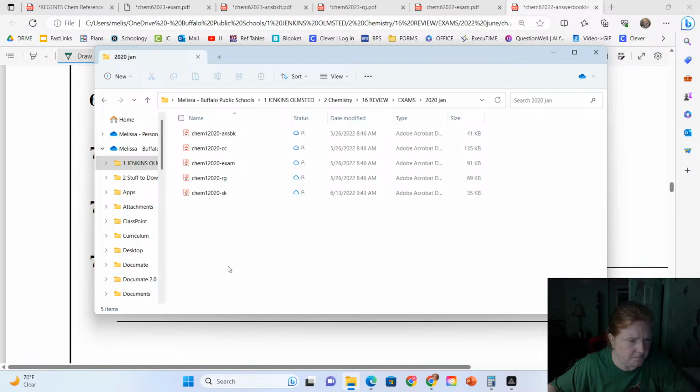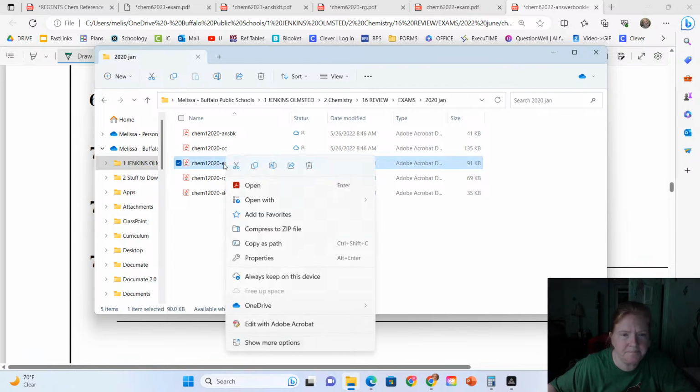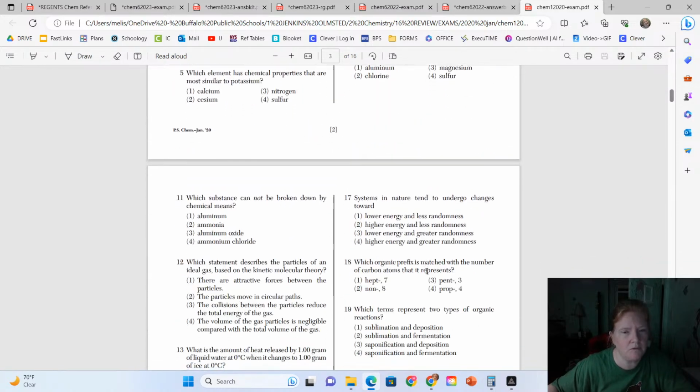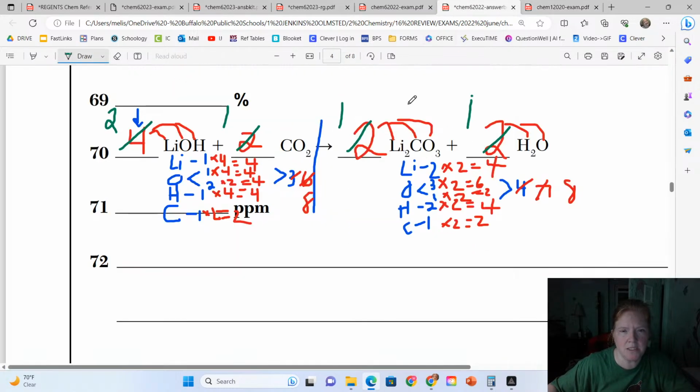I know it is a little bit annoying, but I love balancing equations. Yes, you do have to simplify coefficients. So it does have to be in the lowest whole number coefficient. So that's why I did this crossing out and putting the ones at the end.